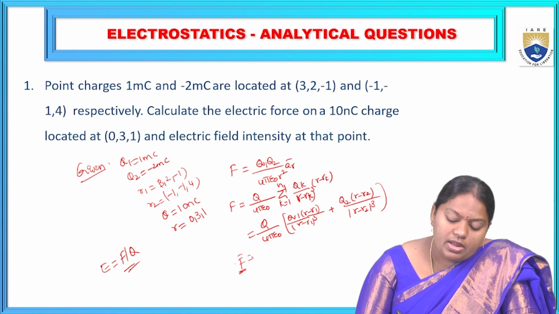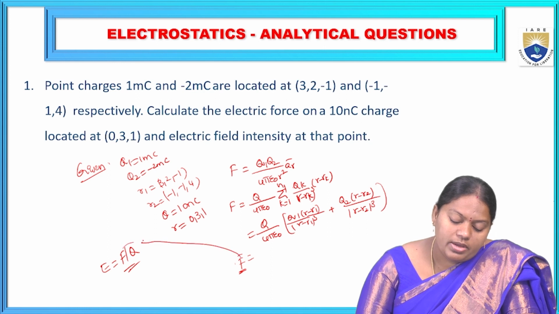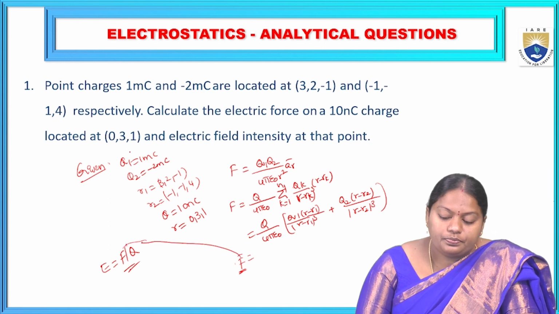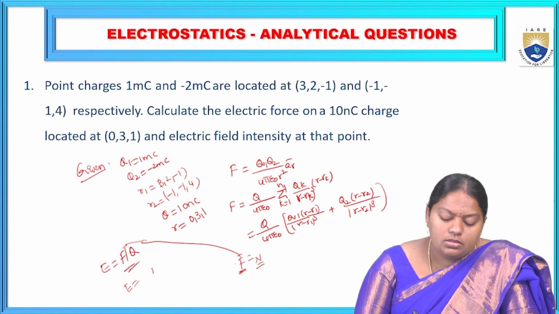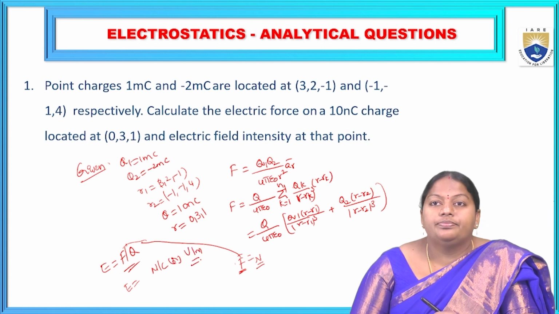After getting this F value, you just substitute it in place of F, and Q as 10 nanocoulombs. Then the E vector needs to be obtained. And this F is generally measured in newtons and E is in newton per coulomb, or simply volts per meter. Okay.